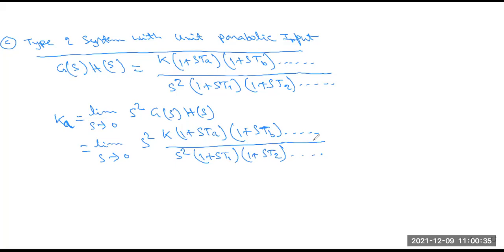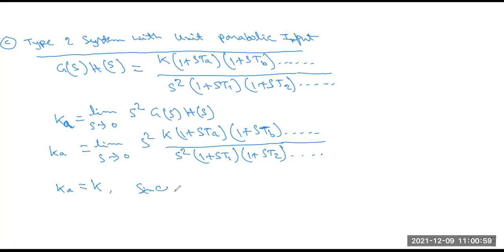Here you can see this is s squared and this is s squared. These two cancel, so only Ka remains. When the limit is applied, the equation gives only K, so Ka equals K.